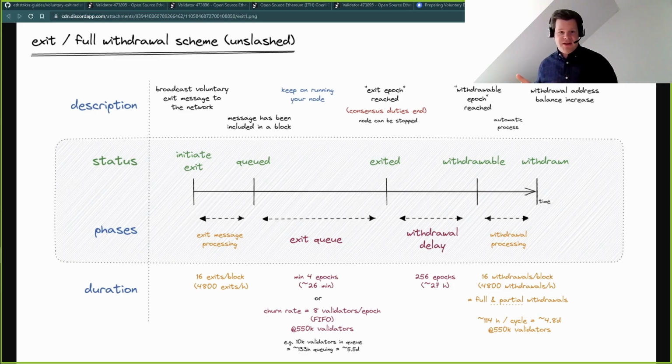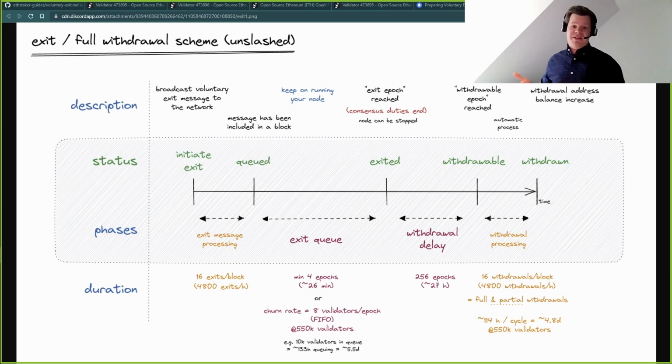Basically right now I believe the message is still being processed, so to say, until it's picked up and included in a block. Then it reaches the queued phase. Right now we've seen the exit queue on mainnet is empty.